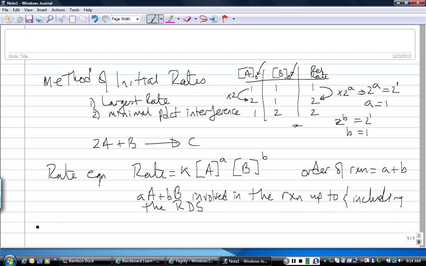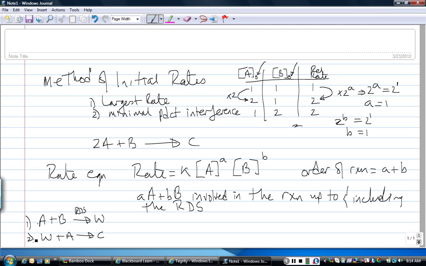So if I ask you to draw a mechanism for the reaction, you can tell me, well, maybe in step 1, A plus B react to give some intermediate W, and then W reacts with A to give C. I will define step 1 as the RDS.